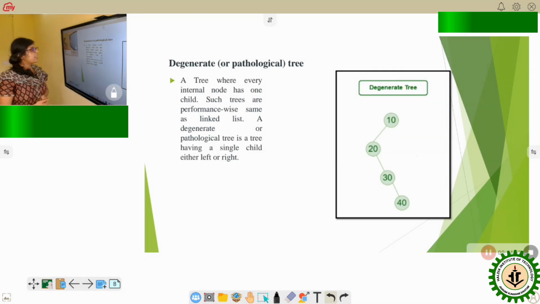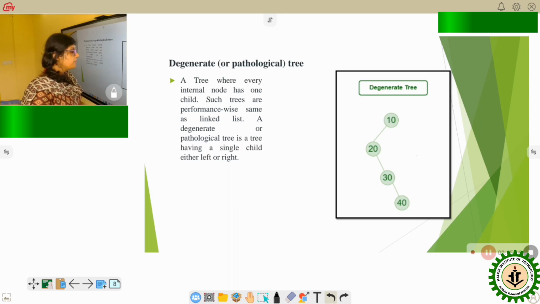Next is pathological tree or degenerate tree. A tree where every internal node has only one child. Such trees are performance wise the same as a linked list. A degenerate, a pathological tree is a tree having a single child, either left or right. So what is a degenerate tree?